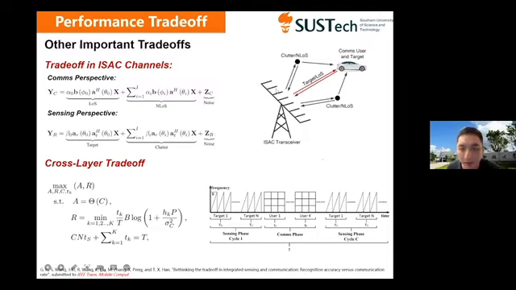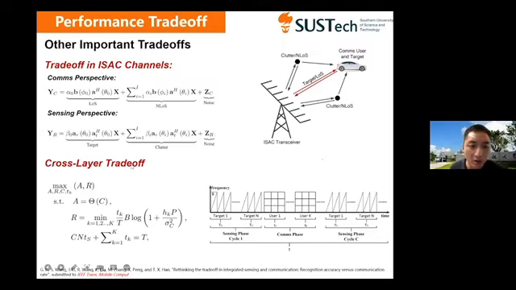But from a sensing perspective, imagine that this non-line of sight path is also clutter. Then sensing only cares about the line of sight path, which is the target path, and the clutter can be harmful. So there is an inherent trade-off in ISAC channels, and you need to consider how to optimally balance the resource allocation on different propagation paths and different channels.